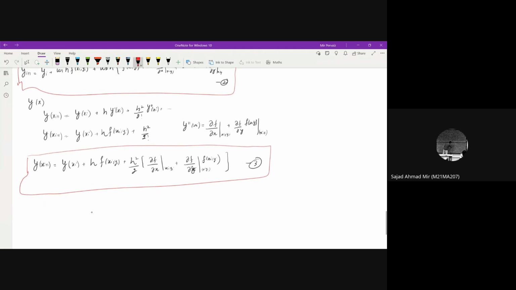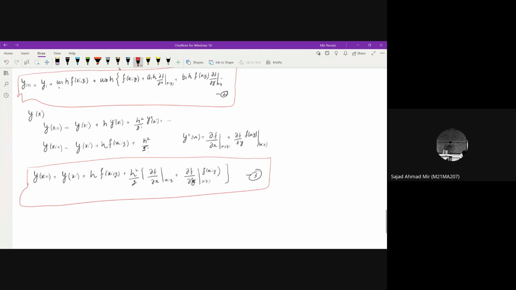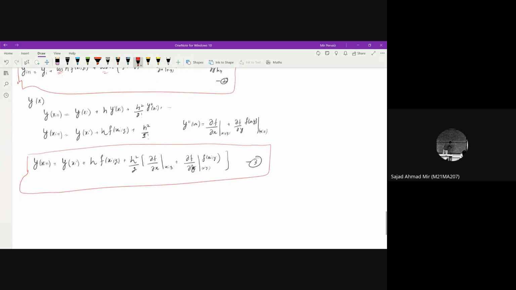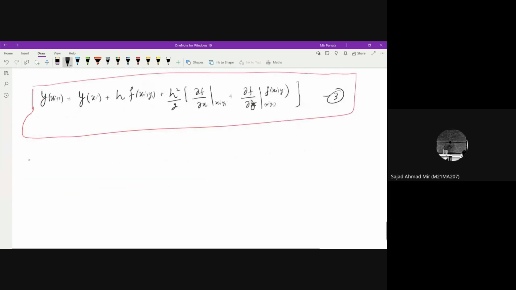In equation 2 there are some unknowns w1, w2, a1, b1, and those unknowns are not present in equation 3, but both are giving the value at i plus 1. So if you go for comparison of equations 2 and 3, what do we get?